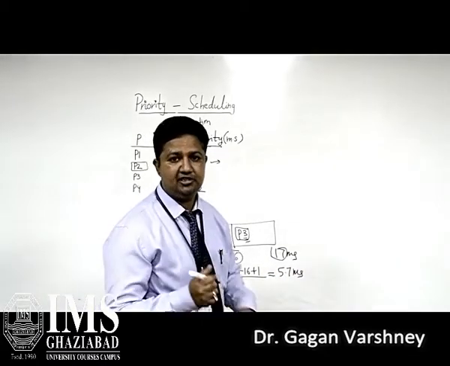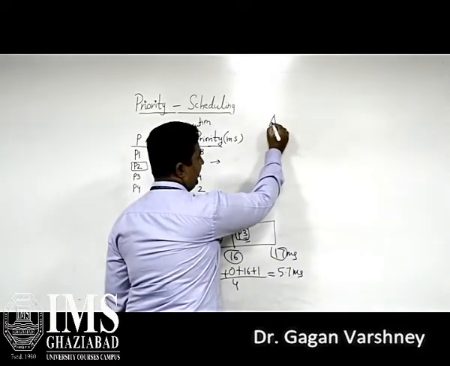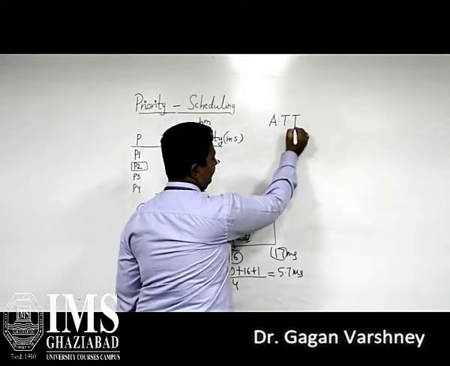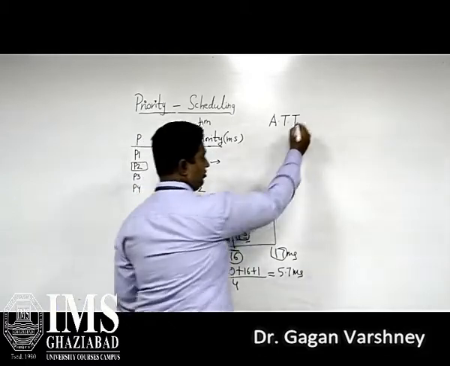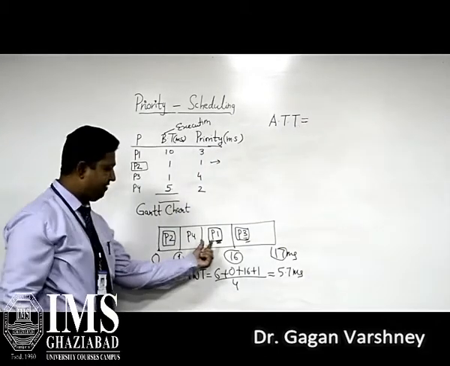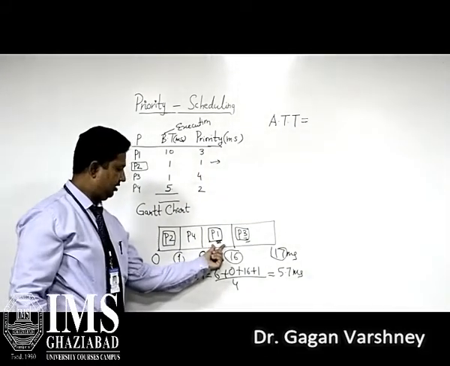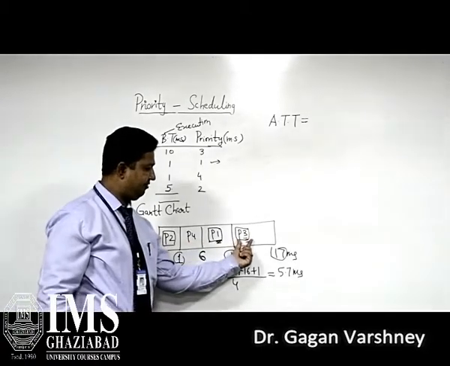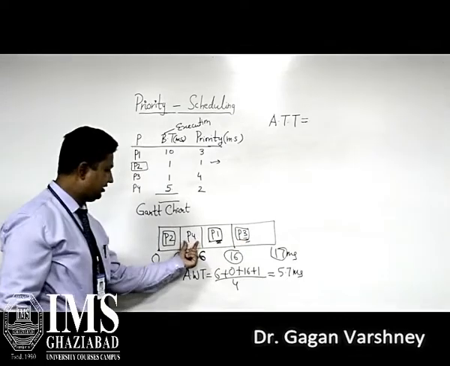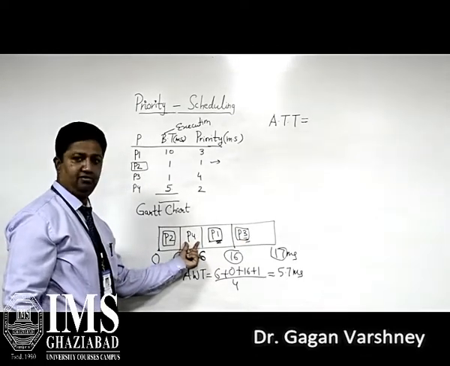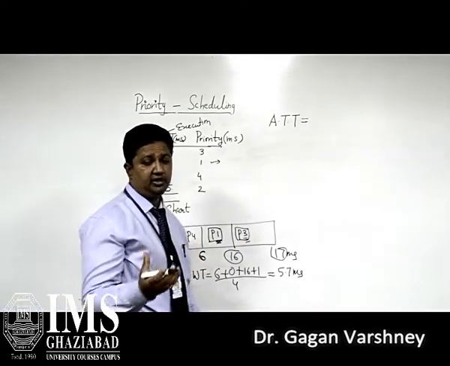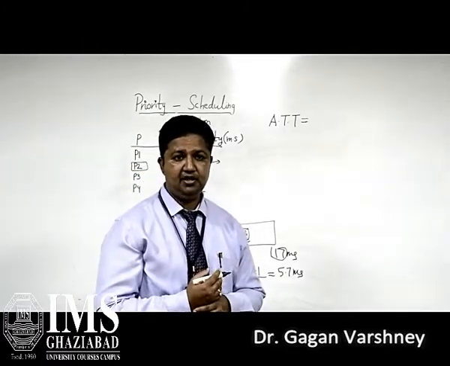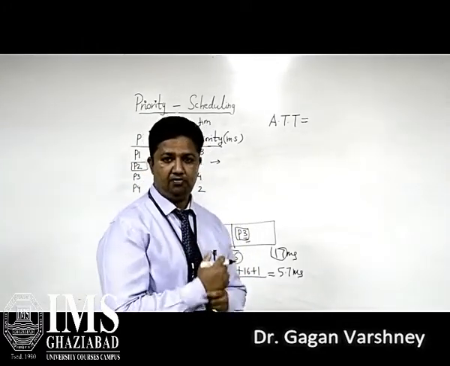Now the average turnaround time. So the average turnaround time is equal to the turnaround time for process P1, plus process P2, plus process P3, plus process P4. Now, what is turnaround time? Turnaround time means the time when a process completes its job, right?